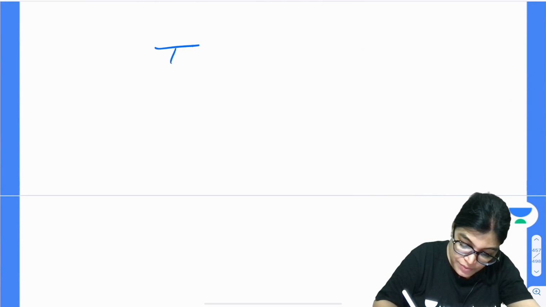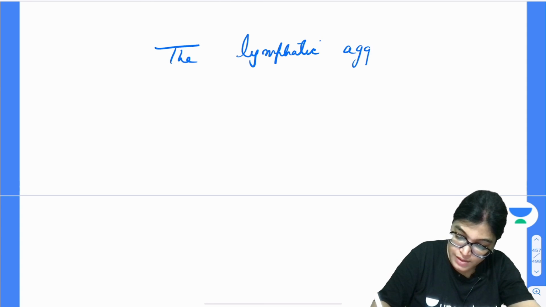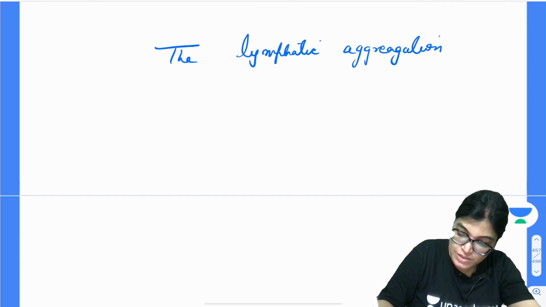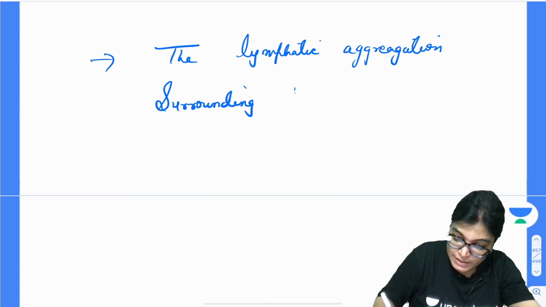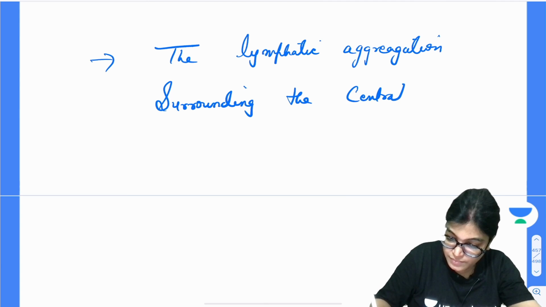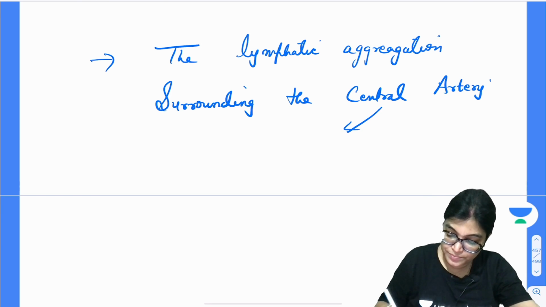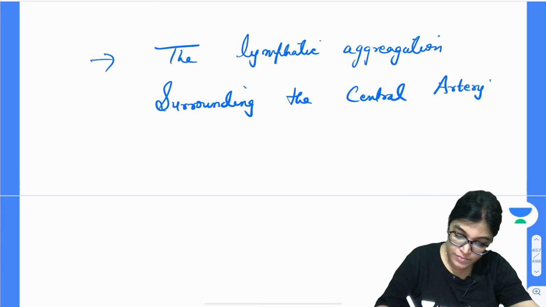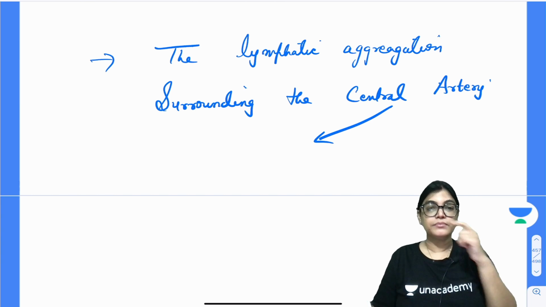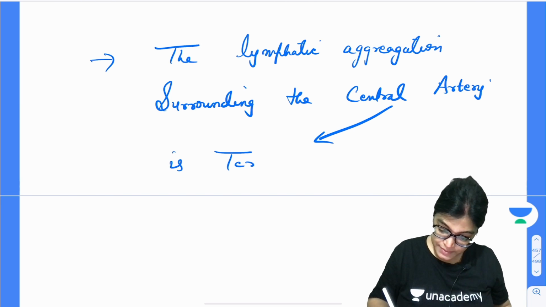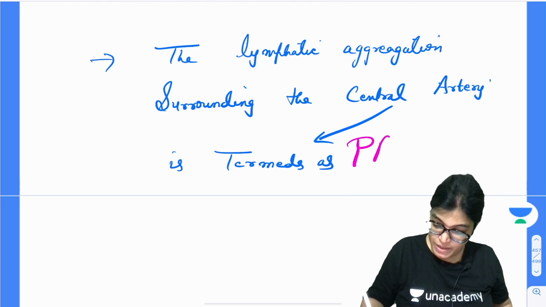So write down: the lymphatic aggregation which is surrounding the central artery is termed as PALS.